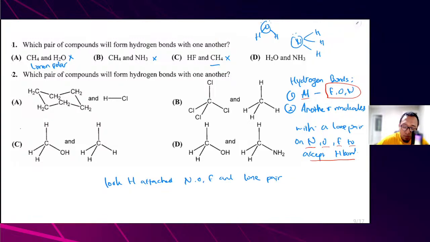Which pair of compounds will form a hydrogen bond with one another? Again, we need to look at H with F, O, N first. How about option A? There is no hydrogen bonding. How about option B? CCl4 and H, there is no hydrogen bonding. How about this one?